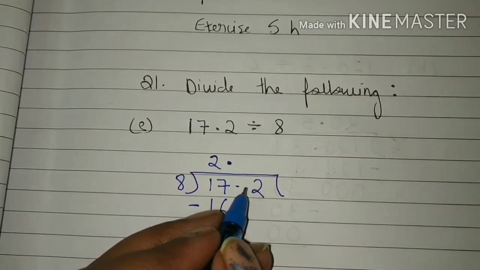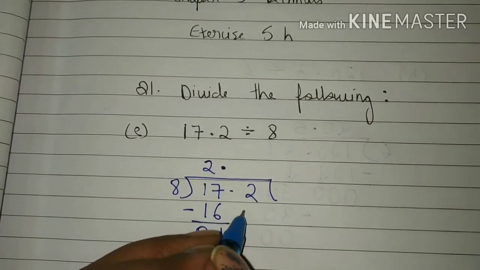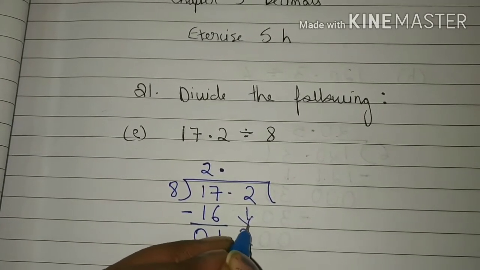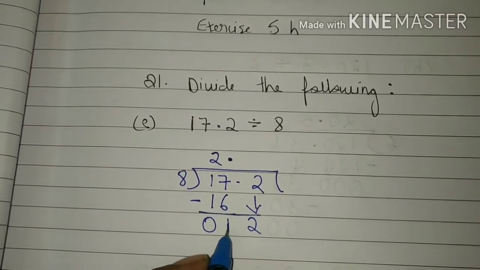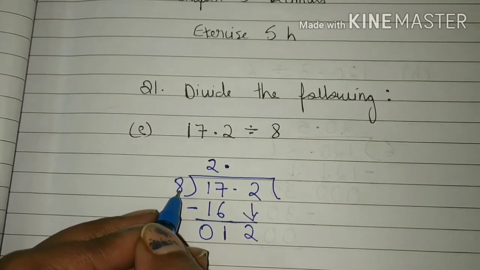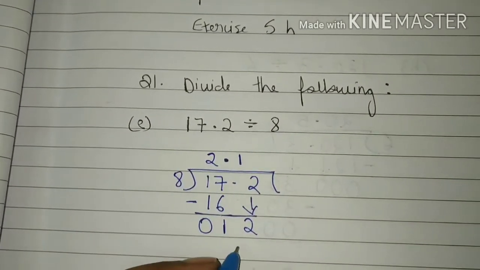So we will copy down the next number, that is 2 here. So now this number is 12. So 8 1s are 8. So we will write 1 here and 8 here.